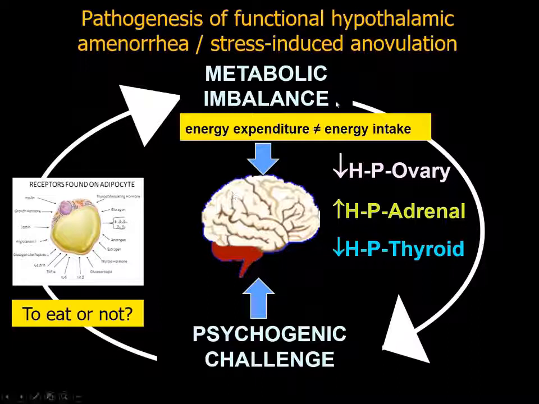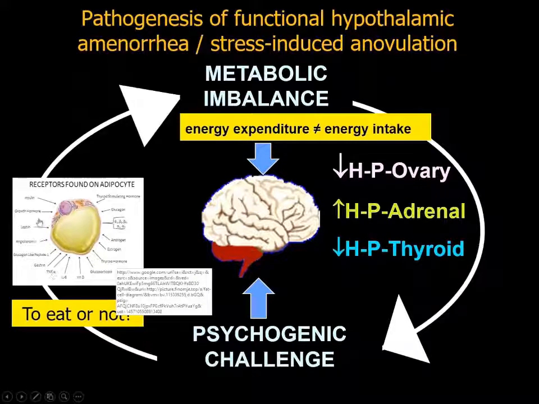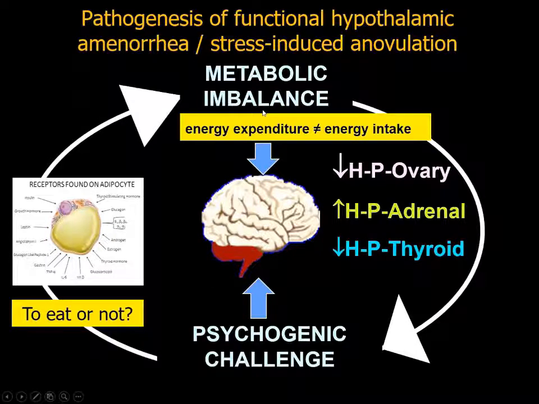So this is just the vicious cycle of metabolic imbalance fueling psychogenic challenge fueling metabolic imbalance, and we get disruption of the hypothalamic pituitary adrenal axis and the ovary axis and the thyroidal axis all at once. And the signaling systems that allow for us to eat are altered in terms of how they cause behaviors. And so now we have a sort of vicious and sustained cycle whereby humans are either eating the wrong things or not eating often enough, and that's leading to infertility.